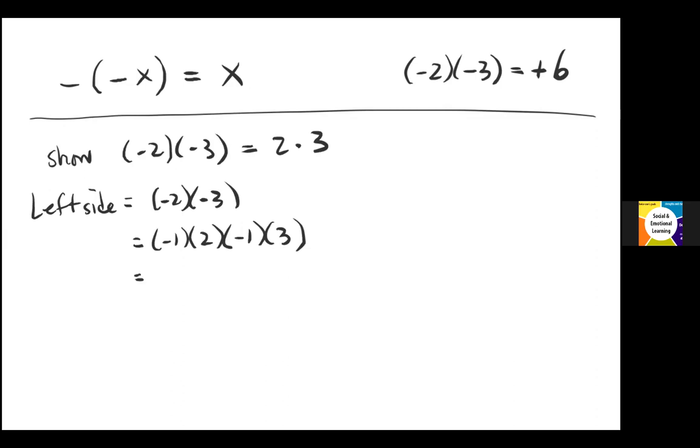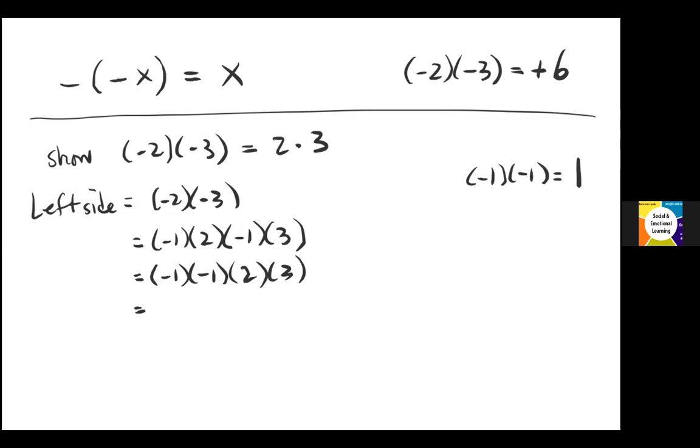And the commutative property of multiplication says that I can write these in any order that I want. So if I can write these in any order that I want, I can multiply the -1 times -1. And we know that -1 times -1 is going to be +1.